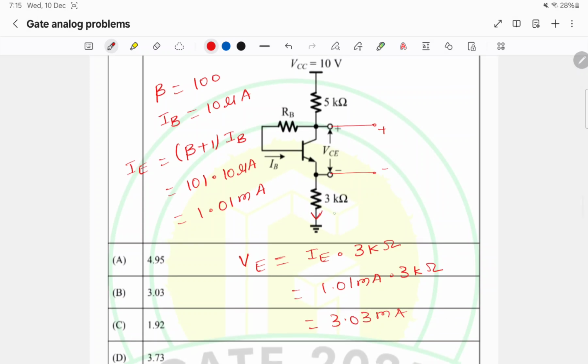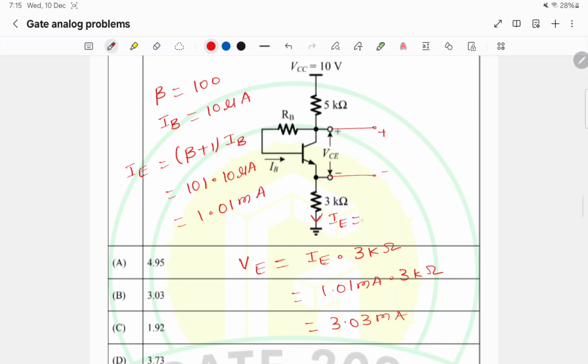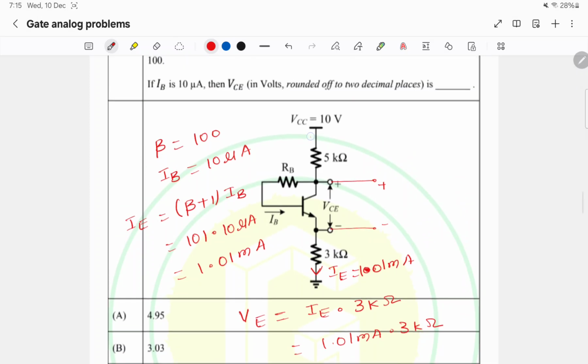The current flowing here is IE, 1.01 milliamps. So the current flowing here also is 1.01 milliamps.